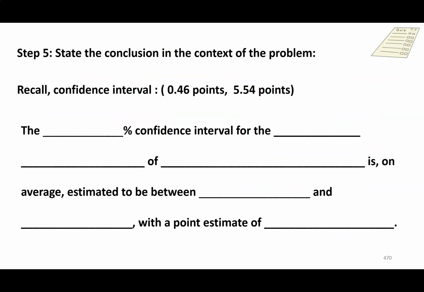So here, the 90% confidence interval for the mean change in, it was weird because was it attitude or quiz score? We'll say quiz score.